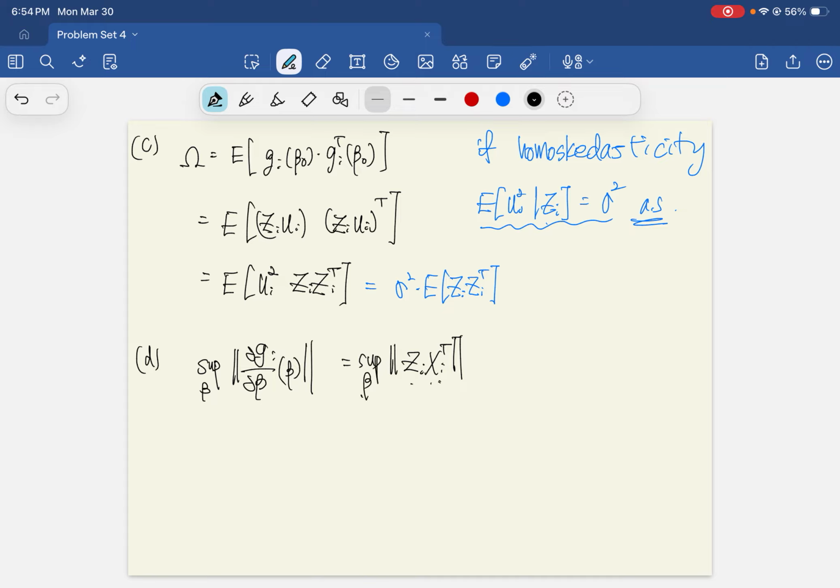It is constant with respect to beta, so the supremum does not do anything. If you take the expectation of that, it is the expectation of z_i x_i transpose, right? So if you assume that it is finite, that's sufficient. Pretty simple in this case.